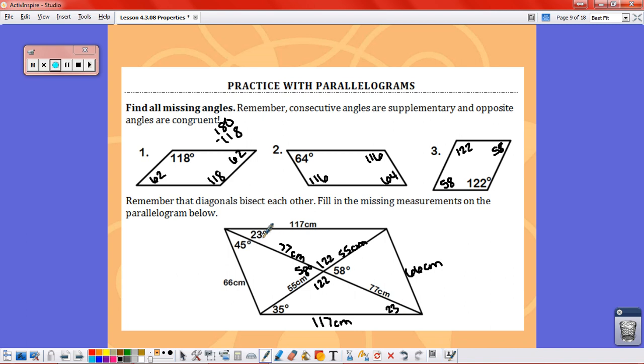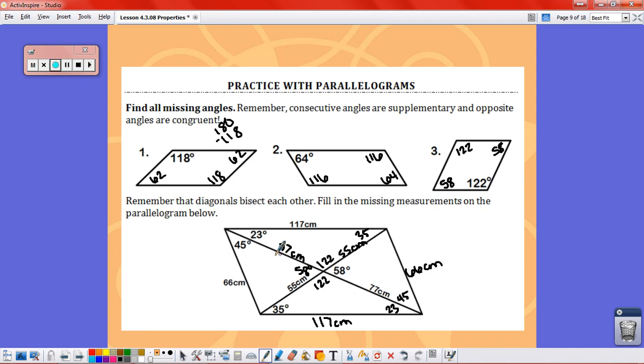So if this is 23 and 122, 23 and 122, then this is 35. And this is true for all of them. 45, so this will be 45. 45 and 58.